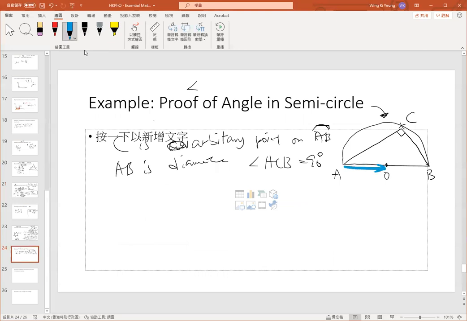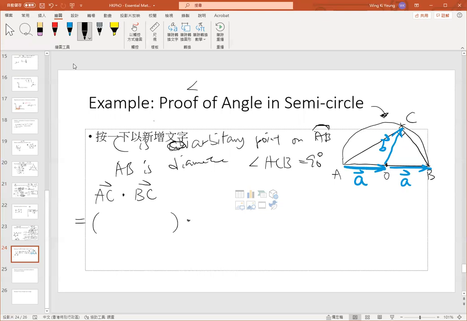I define this vector to be A, and the vector pointing from the center to C, we call it B. This is also the magnitude of A, because OA and OB are the radii of this circle. Then to show that the angle ACB is 90 degrees, we do the dot product of AC dot BC. It doesn't matter, maybe AC dot BC.